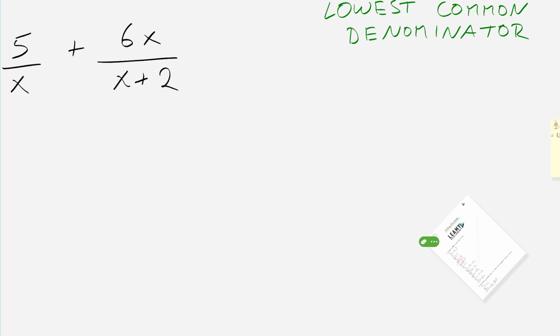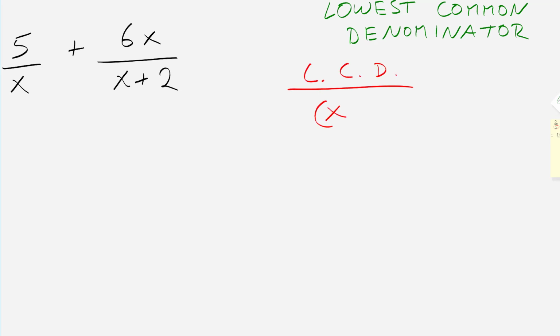5 over x plus 6x over x plus 2. So in this particular case, what is my lowest common denominator? Well, my lowest common denominator in this example is simply going to be x times x plus 2, because both x and x plus 2 will divide into that expression. Remember, the lowest common denominator is the smallest expression that both the denominators will divide into.